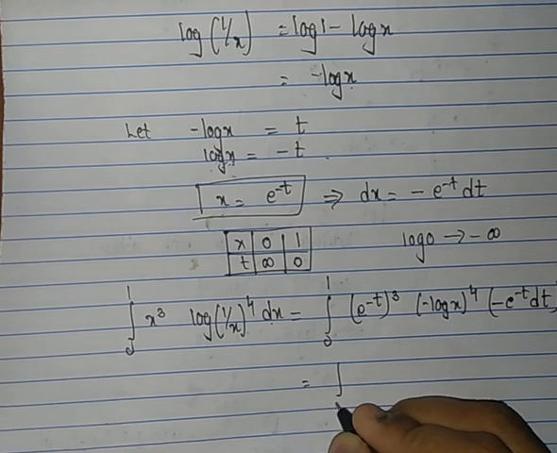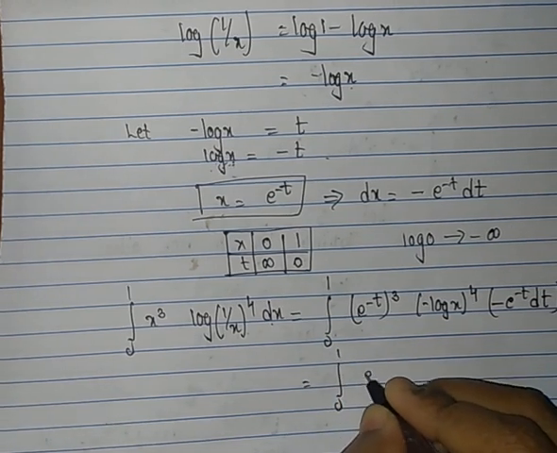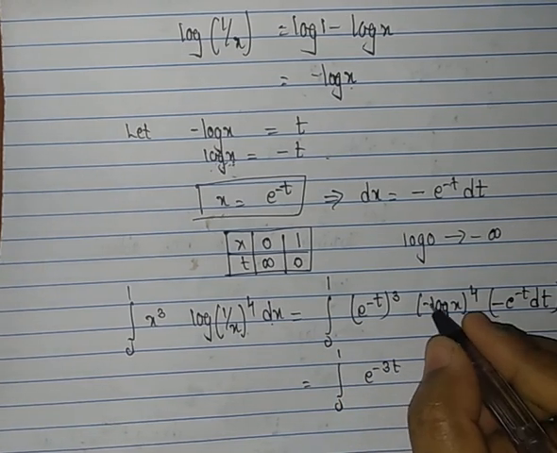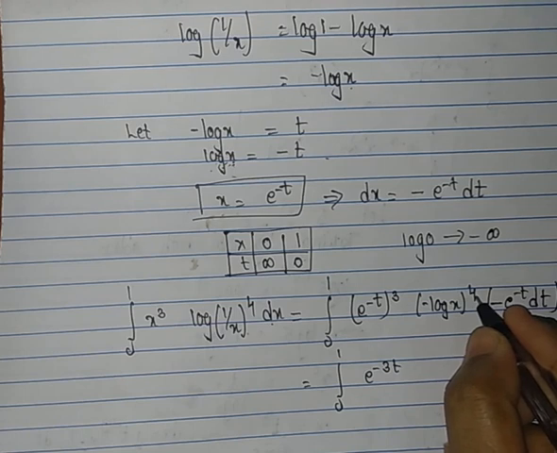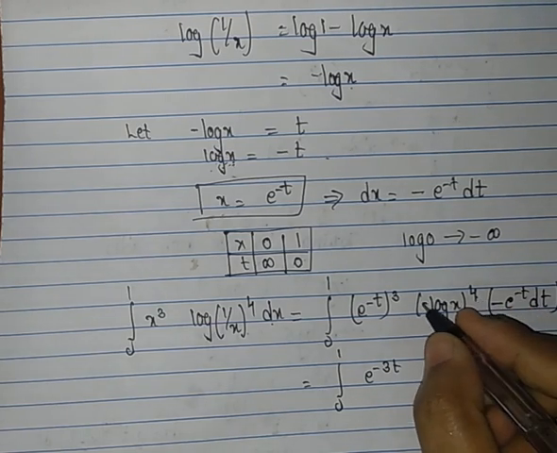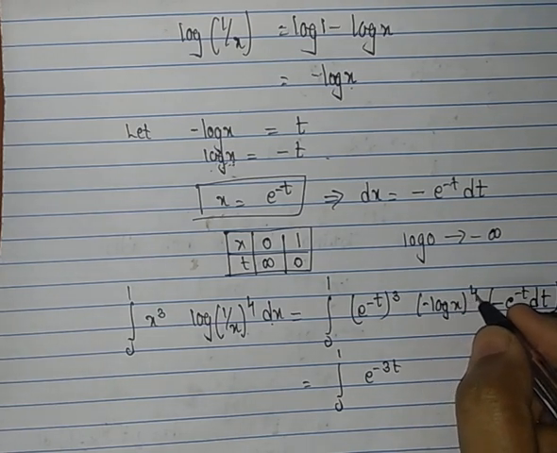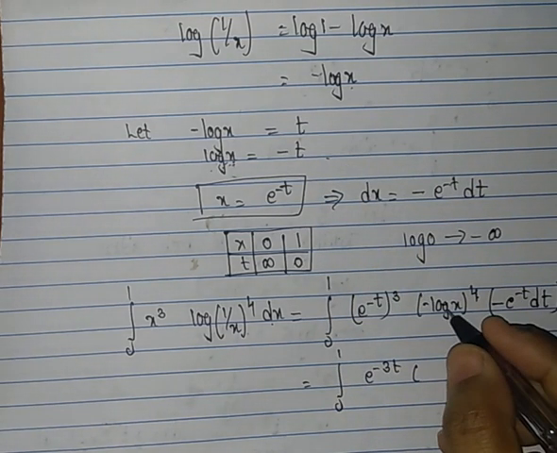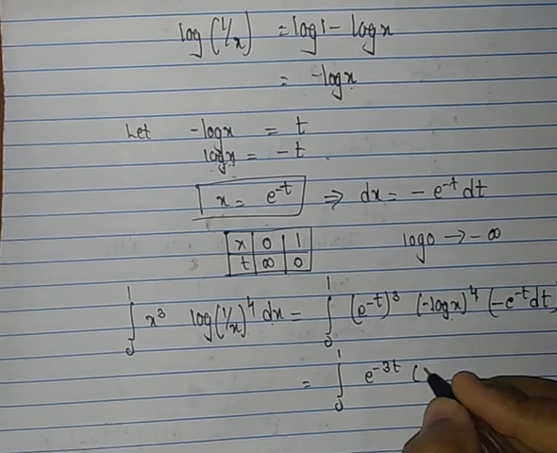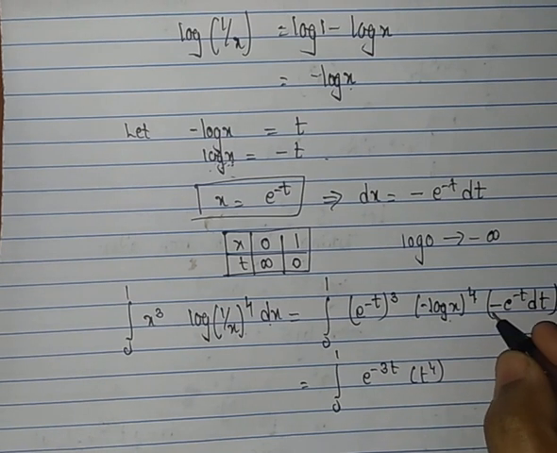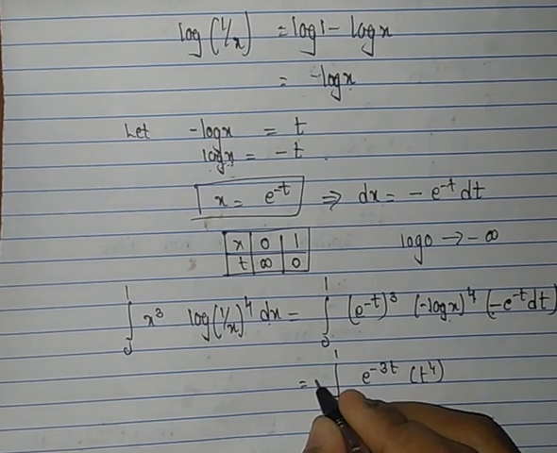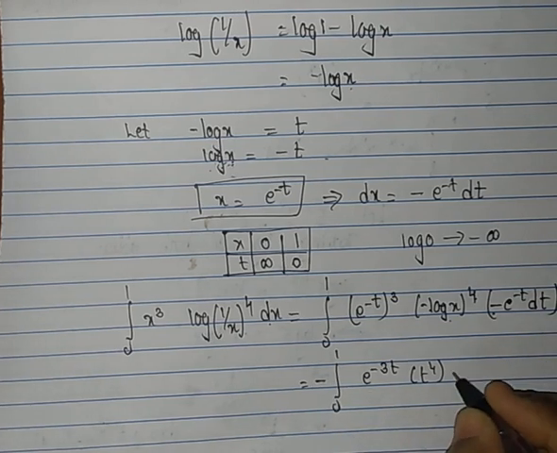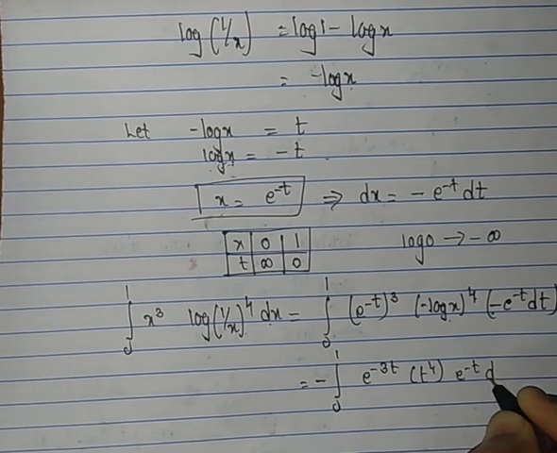Next it will give me e raised to minus 3t, times minus 1 raised to 4, which becomes 1. The value of log x is minus t, minus minus becomes a plus, so this becomes t raised to 4. This minus will be outside, e raised to minus t into dt.